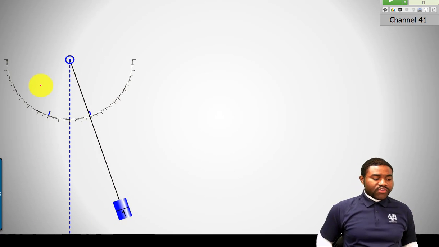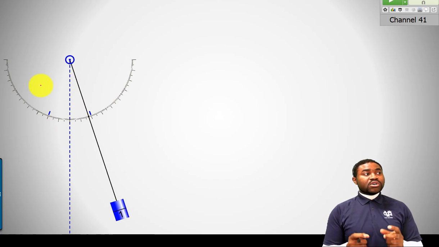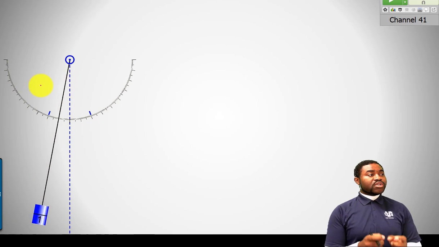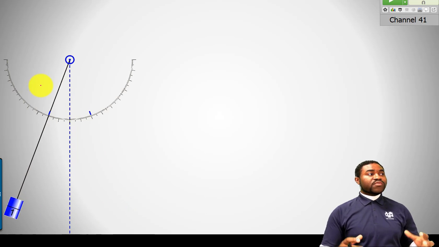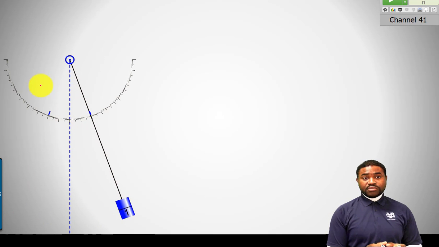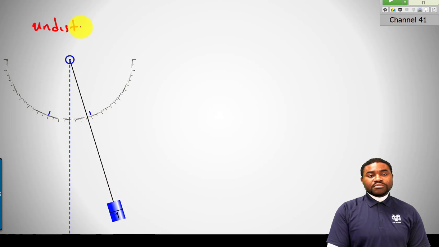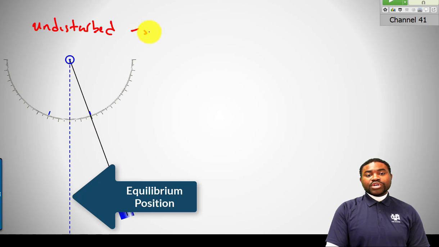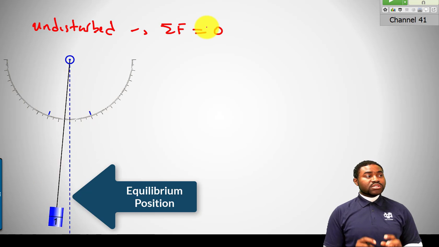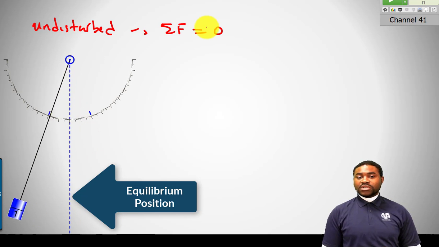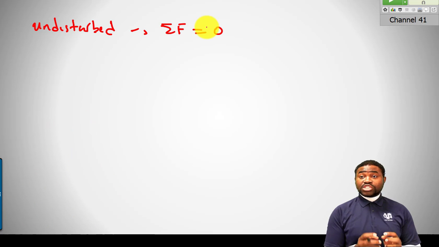An undisturbed system is one in which there is no net external force acting on the system. This means that the system is in equilibrium. This implies that the system is in translational equilibrium, to be more exact.